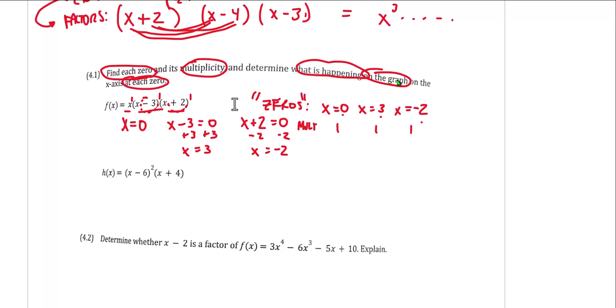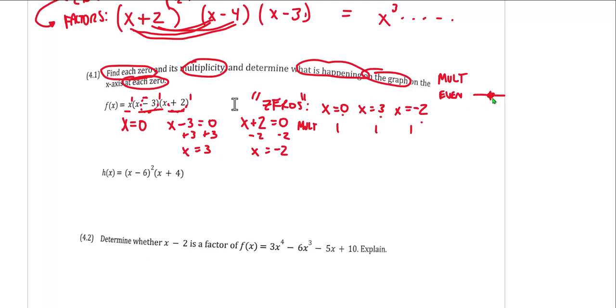And then in terms of what is happening on the graph, remember that we determine what's happening on the graph at each zero from the multiplicity. If your multiplicity is even, remember that what happens is the graph at the zero, so let's say this is some zero value, x equals, let's say 3 in this case, or x equals negative 2.